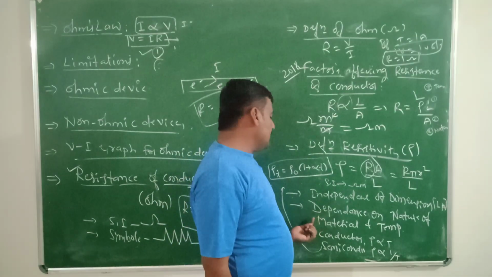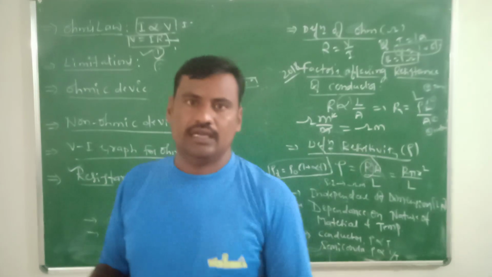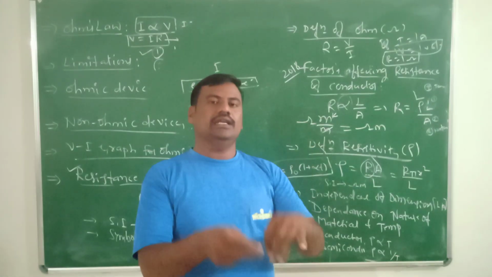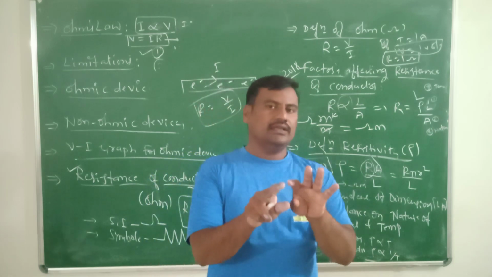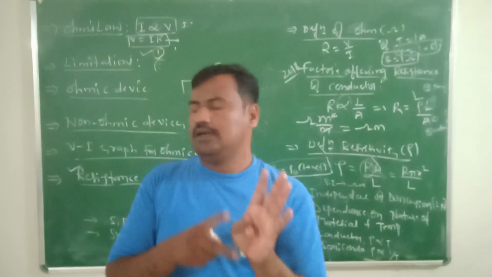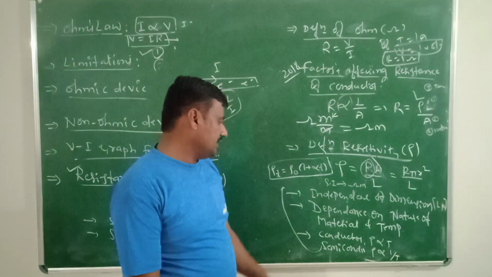It depends on the nature of the material and temperature. Resistance depends on four factors, but resistivity depends on only two factors: one is temperature, and another is nature of the material, right?